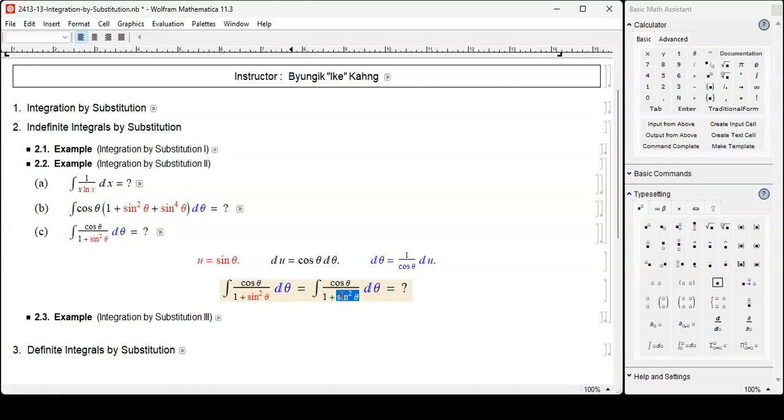And this one here will be u squared. And this one here will become 1 over cosine of theta times du. After simplification, you're going to get this integral: 1 over 1 plus u squared du.